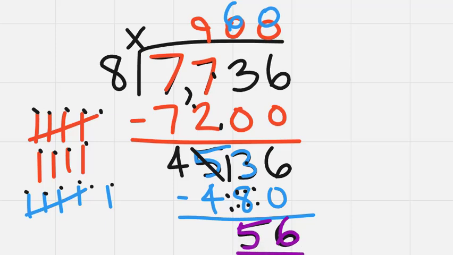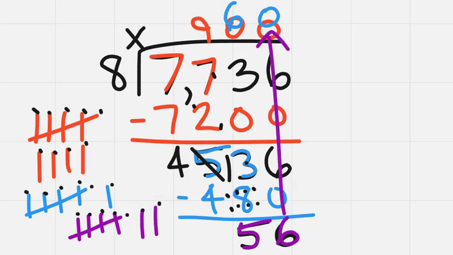We'll look at 56. Let's count by 8 until we get to 56 without going over. 8, 16, 24, 32, 40, 48, 56. We landed right on it. Let's count. That's 1, 2, 3, 4, 5, 6, 7.